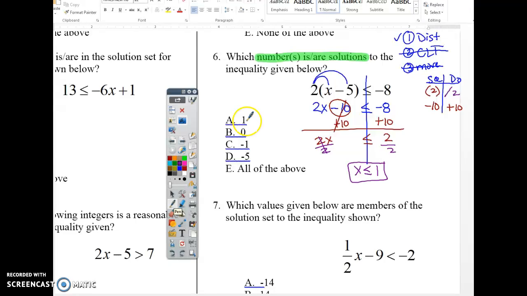Is 1 smaller than or equal to 1? Yes, it's equal to 1. Is 0 smaller than or equal to 1? Yes, so this one. Negative 1 is also smaller than 1. And negative 5 is also smaller than 1. So the answer would be all of the above. And that's how you need to do the rest of those problems.